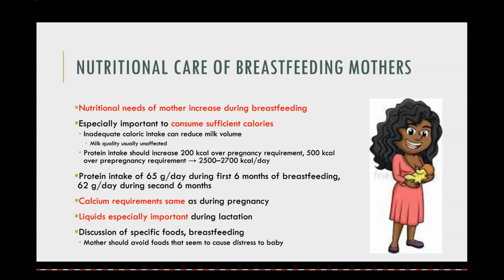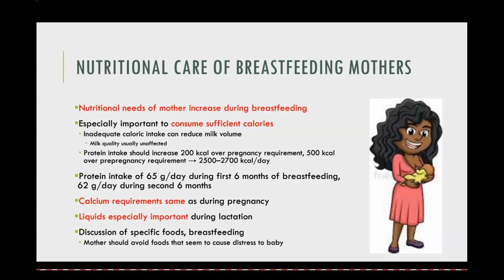So her protein intake should increase. From a pre-pregnancy requirement, your mom should be eating 200 calories more than what she was eating during pregnancy. And then if you were talking about a pre-pregnancy requirement, she should be eating 500 calories over what she was before she was pregnant.